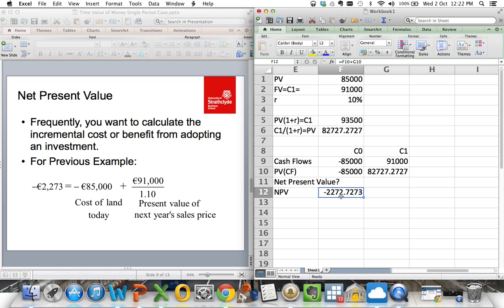And this is actually one of the main investment appraisal methods that you get in finance. We call it net present value. And you choose a project if the net present value is greater than 0, and you reject the project when it's less than 0. You'd be indifferent if it was equal to 0.